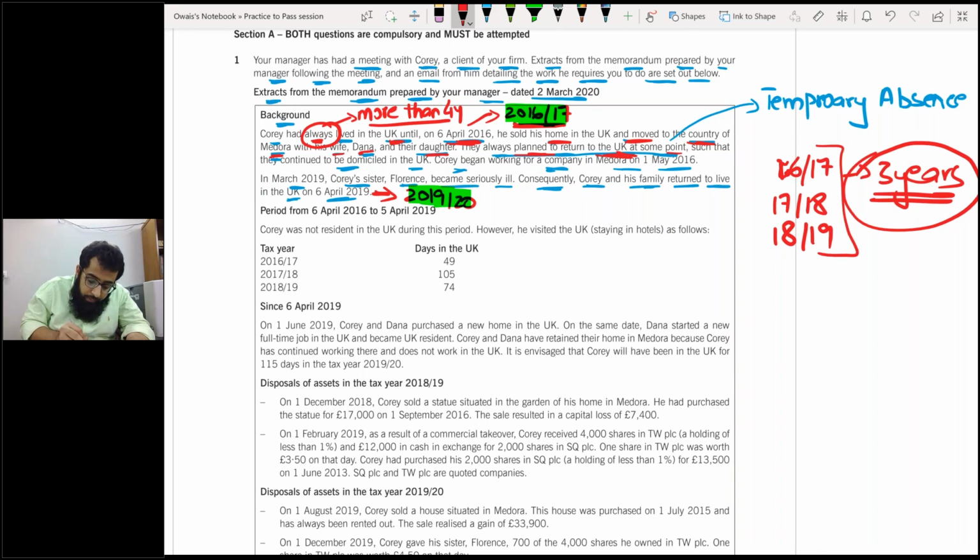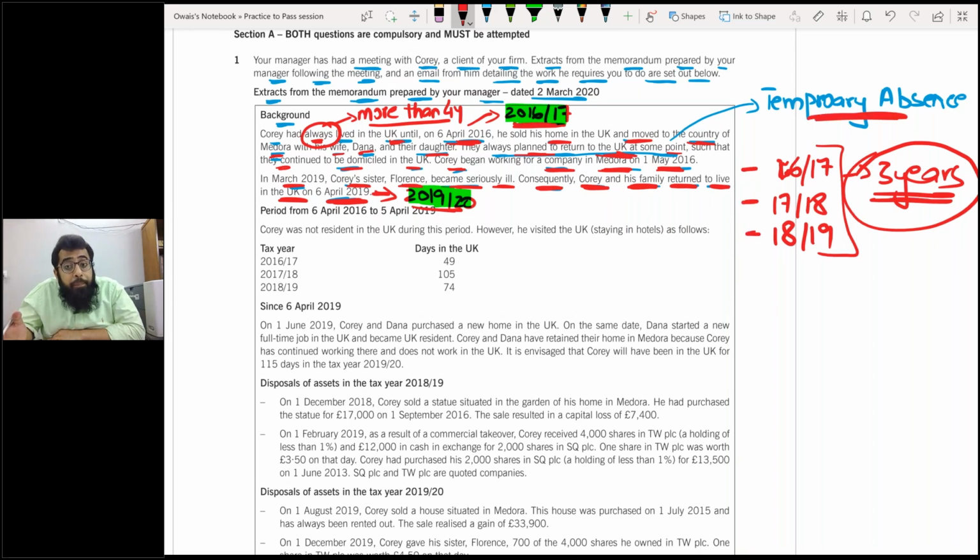They continued to be domiciled in UK. Corey began working for company Medora on 1st May 2016. In March 2019, Corey's sister Florence became seriously ill. Consequently, Corey and his family returned to live in UK on 6th April 2019. They came back in 2019-20. They left in 2016-17. Their absence was less than 5 years, so they are temporarily absent.